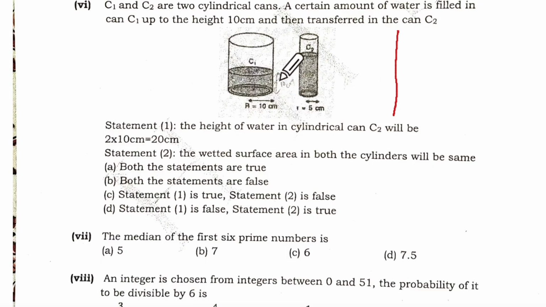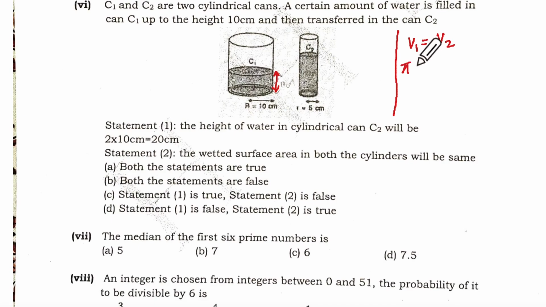The radius is 10 and height also is 10, from here to here. So the volume V1 will be equal to volume V2 in C2. So V1 will be pi r square h.